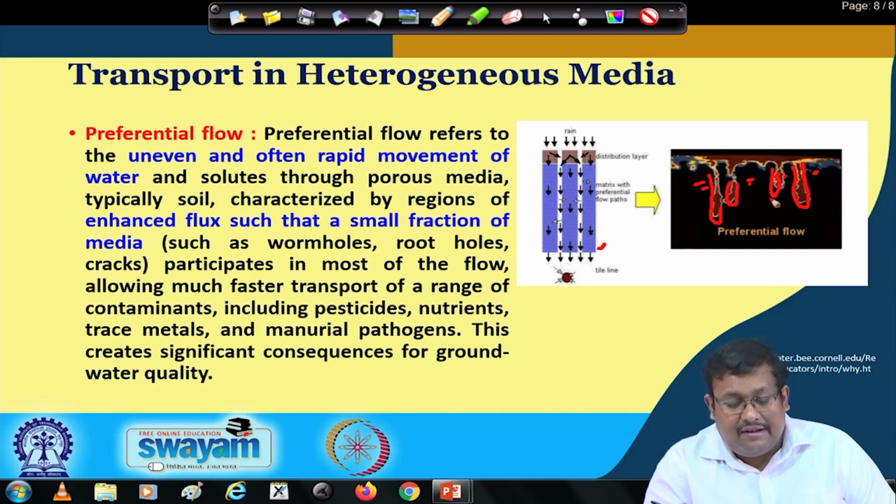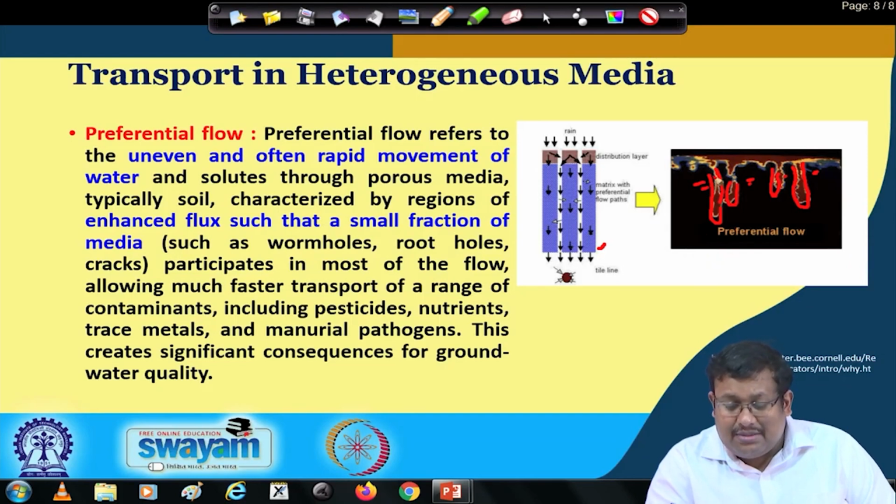So, this preferential flow is an uneven and often very rapid movement of water, and when there is a movement of water, obviously solutes and pesticides also move with it, enhancing the flux such that a small fraction of media participates. This preferential flow may be created by wormholes or root holes, because roots move into the soil and provide holes and cracks.